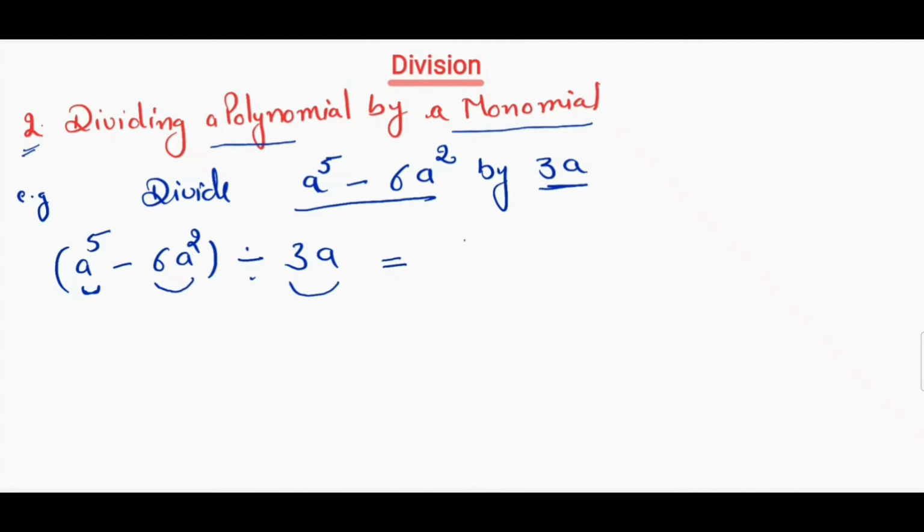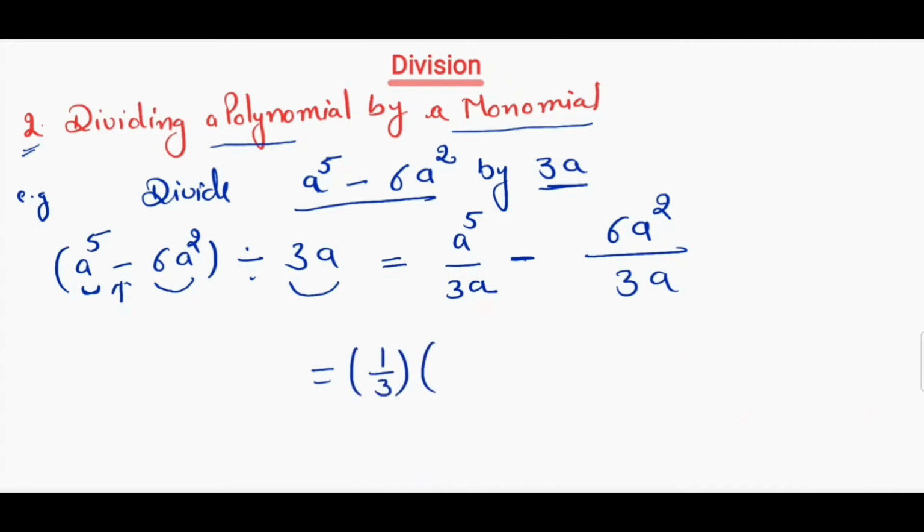So we can write this as a raised to power 5 divided by 3a. Which sign is here? Negative. I'll put negative as it is, and 6a squared divided by 3a. Now we will divide. Here we do not have a numerical coefficient, so I can write 1 by 3 and separate the literal coefficient a, and negative 6 divided by 3 with a raised to power 2 over a.